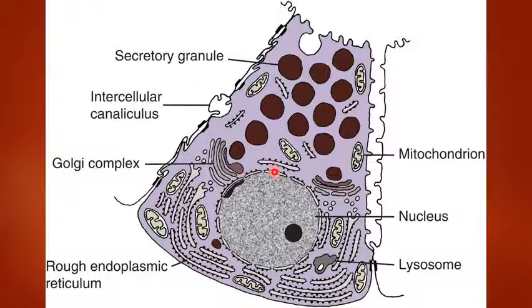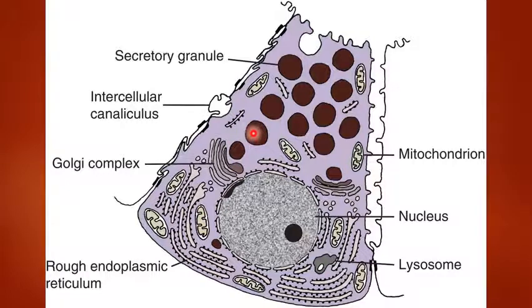The most common and important modification which takes place in this process is the addition of carbohydrate to these proteins, and this process is known as glycosylation. The glycosylation starts at the rough endoplasmic reticulum and ends in the Golgi apparatus, and from here it travels.